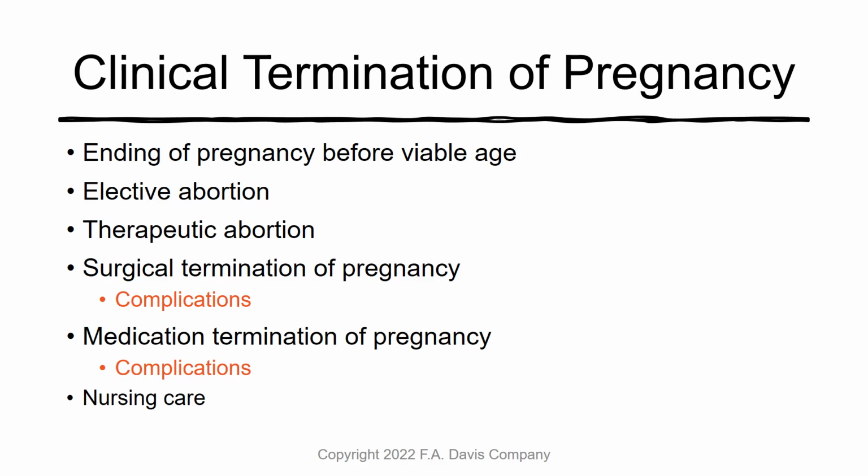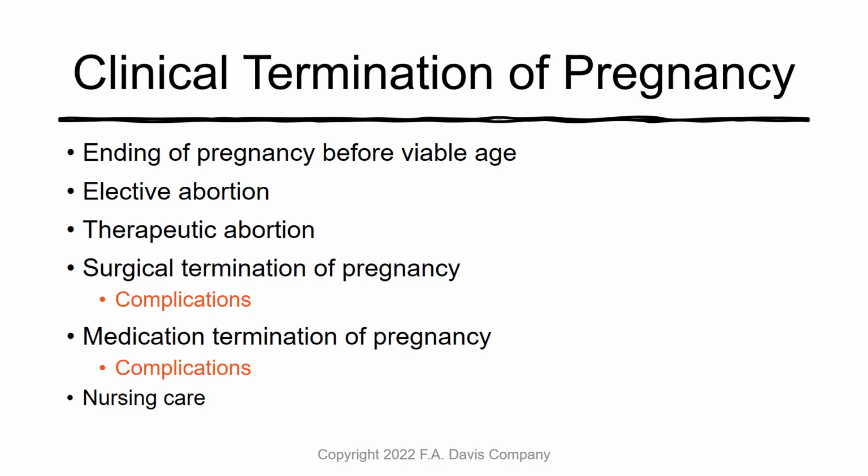Abortions performed between 8 and 12 weeks gestation require mechanical cervical dilation after a local anesthetic. So the cervix has to be dilated. You can look at page 53, the patient education box for complications of abortion.